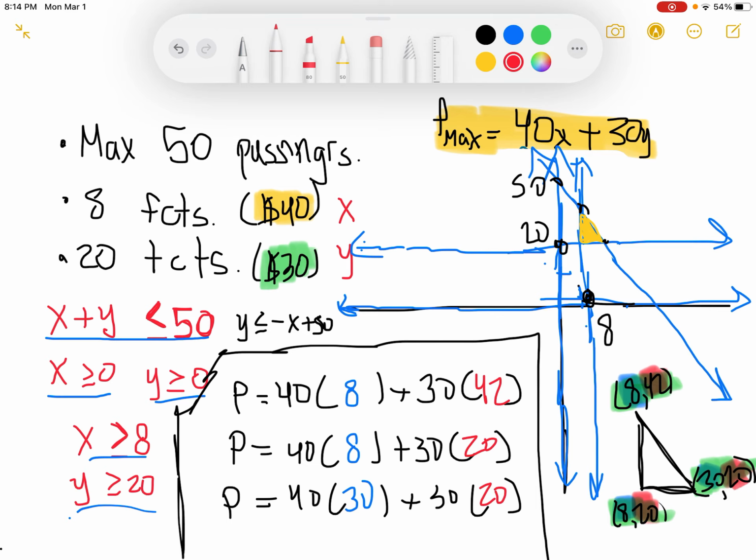And I already know what the answers are. I told you I was going to change the numbers, but I didn't because I forgot. So for the top one, once we plug that in, we get $920. For the second one, we get $1,580. And for the third one, we get $1,800.